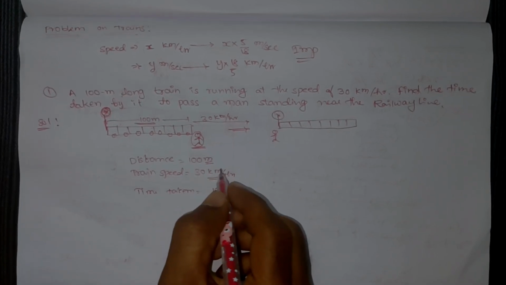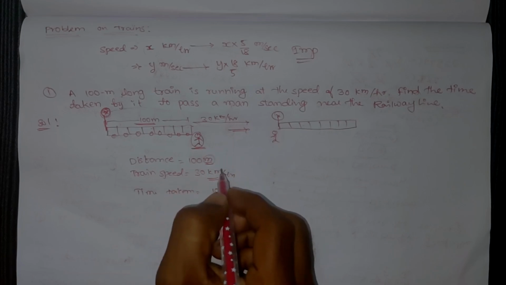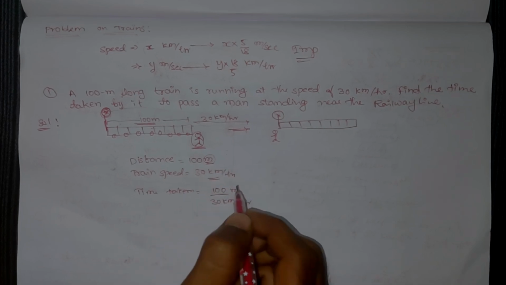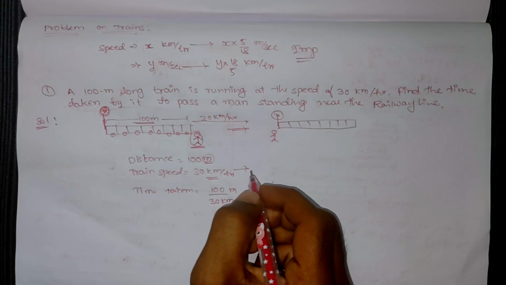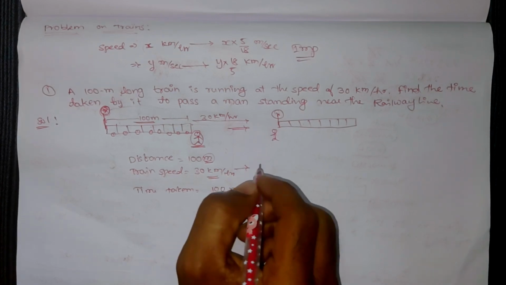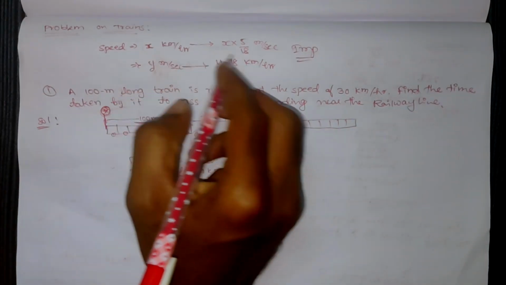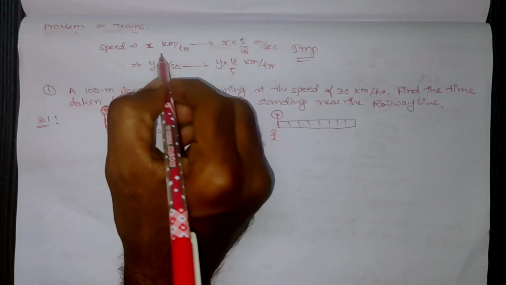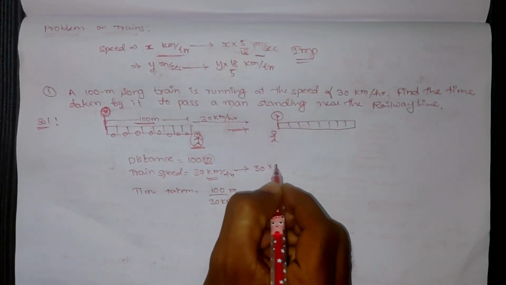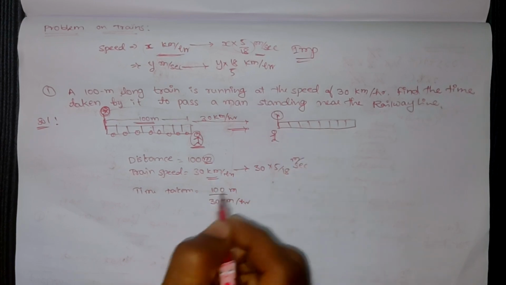So we have to convert this meters into kilometers, or otherwise this speed into meters per second. So let's convert this kilometers per hour into meters per second. As we have seen, to convert kilometers per hour to meters per second, we can simply multiply by 5 by 18.